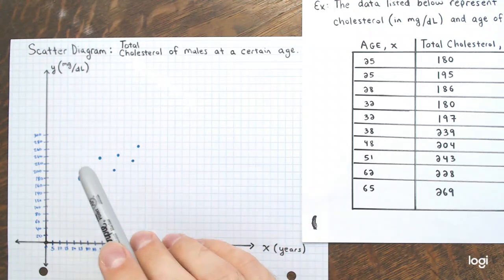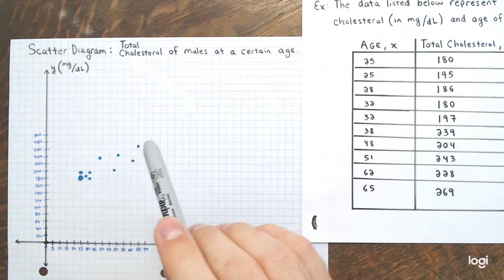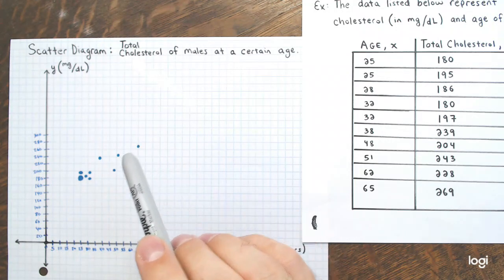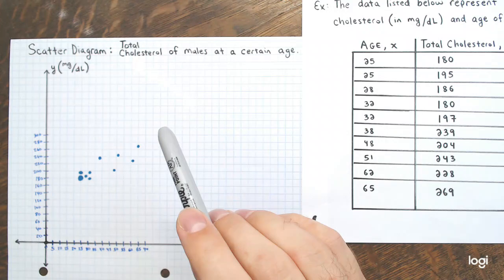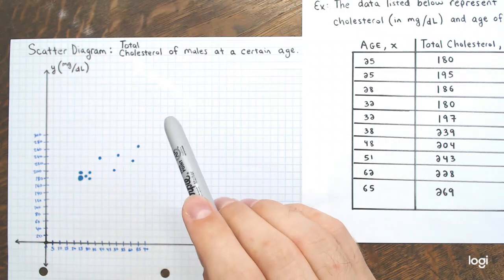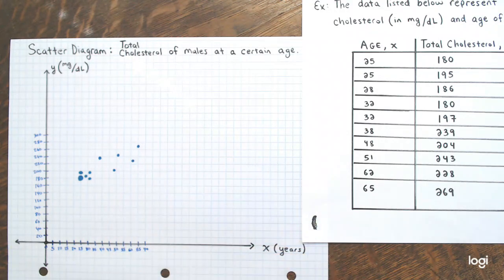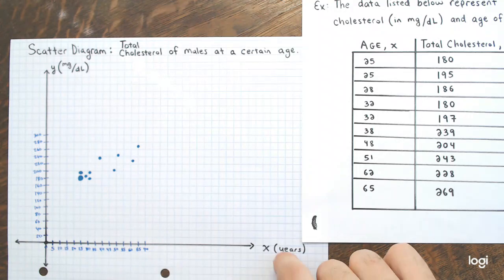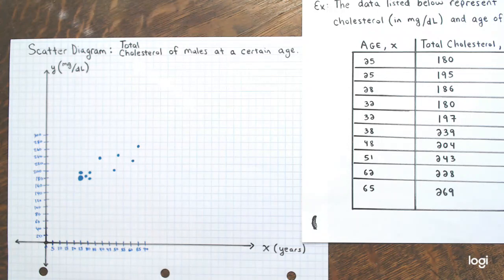They're not all on a perfectly straight line for sure, but they do seem to be tending upward, in the direction of a line with a positive slope. So I would say that the variables here, age and total cholesterol, have a positive linear relationship. If you want to talk about the relationships, see a video on the relationships between variables. That was in the second video in this series of 3 videos on building linear models from data.